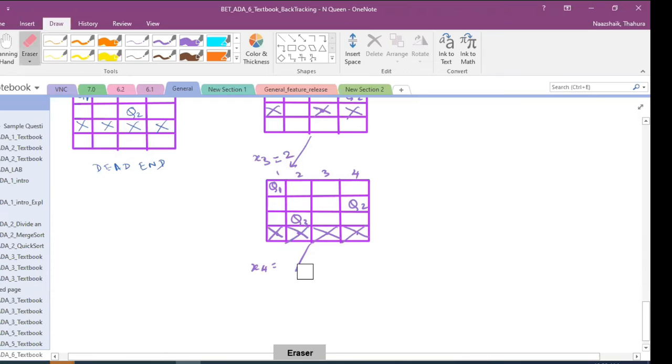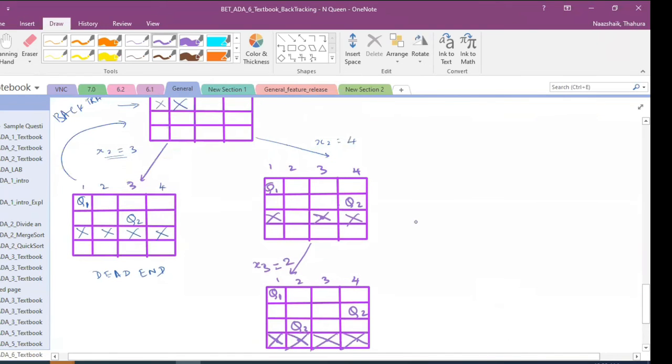So again, we have hit a dead end for queen 4. This option is also not possible. So when you hit a dead end, what do you do? You backtrack.